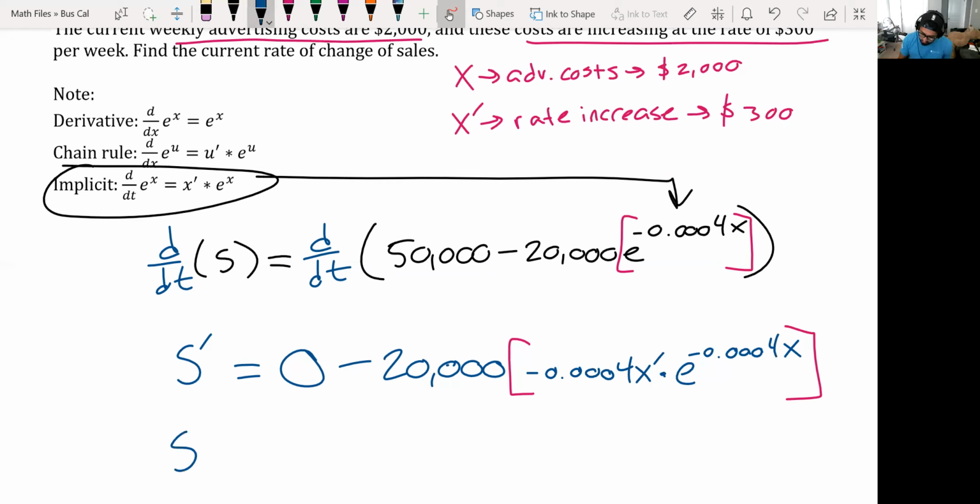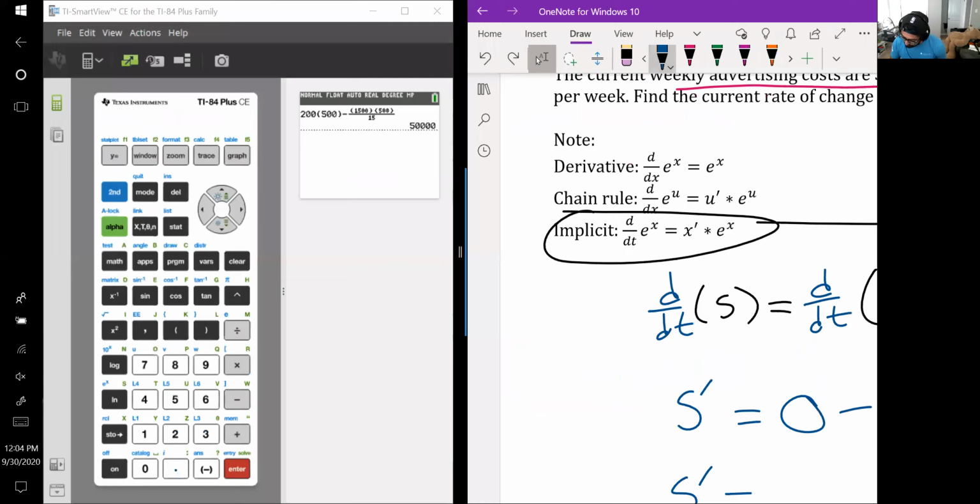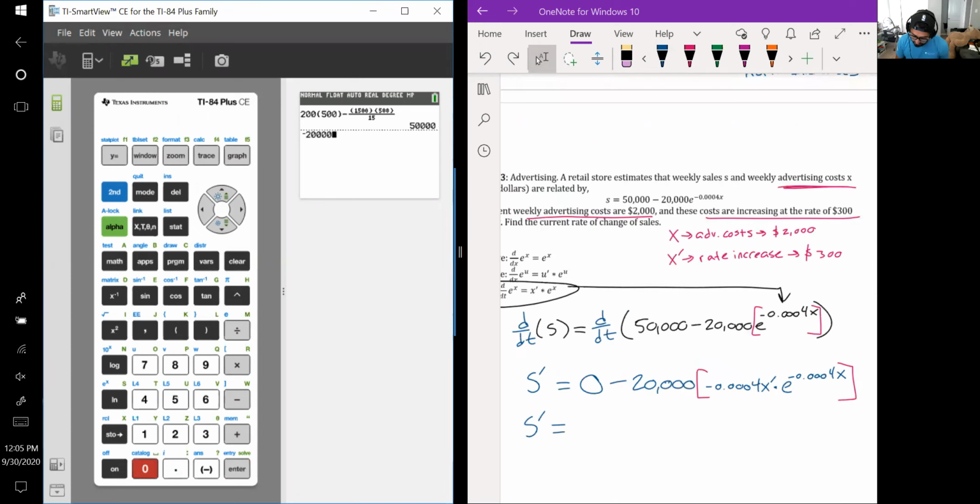So we'll get s prime equal to, the 0 goes away, and now we have negative 20,000 times negative 0.0004. I'm using my calculator, so sure, why not? So negative 20,000 times negative 0.0004, and we get positive 8.